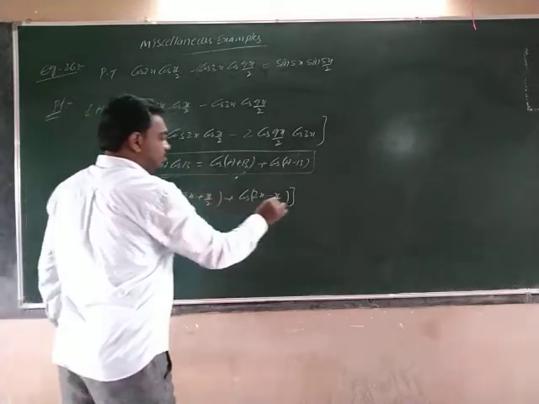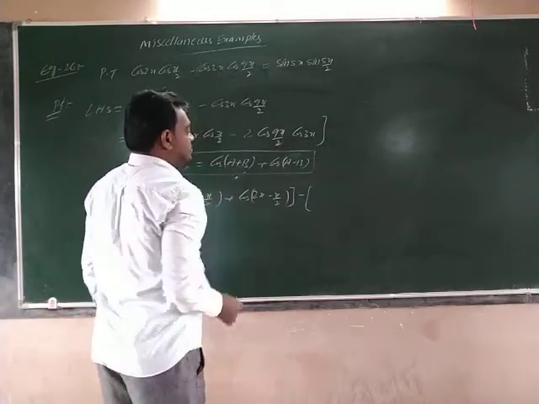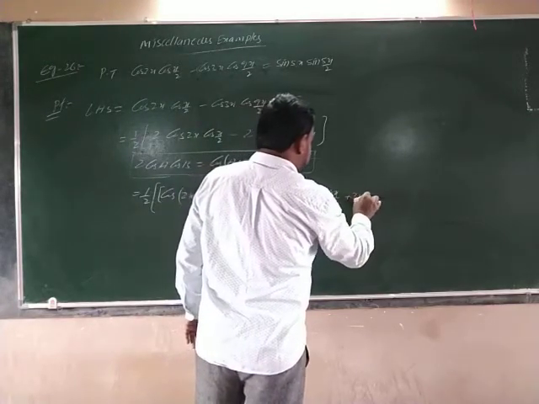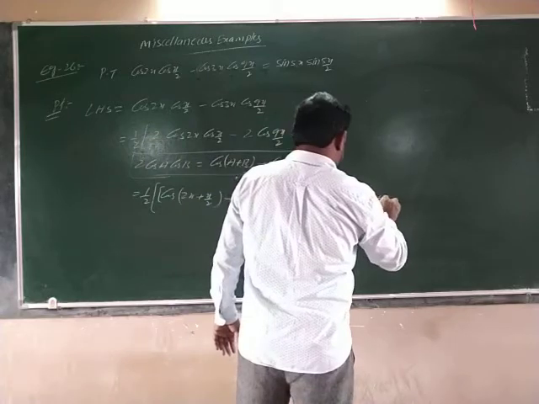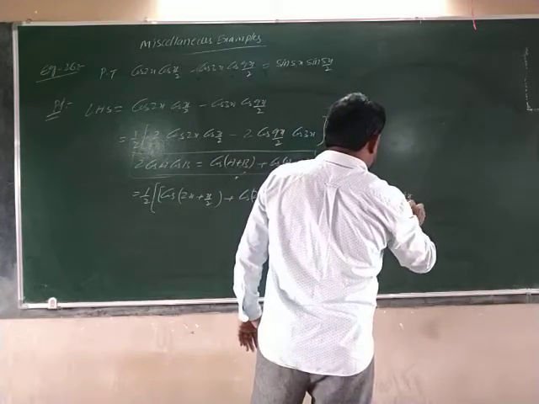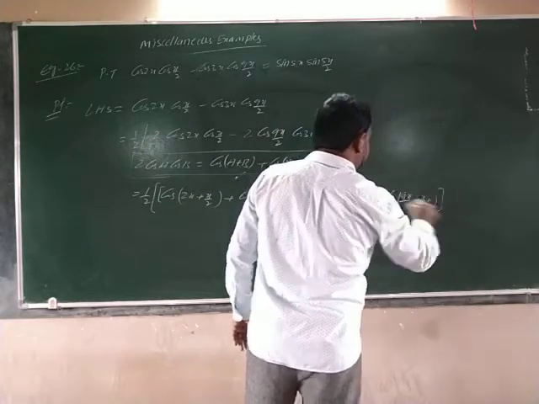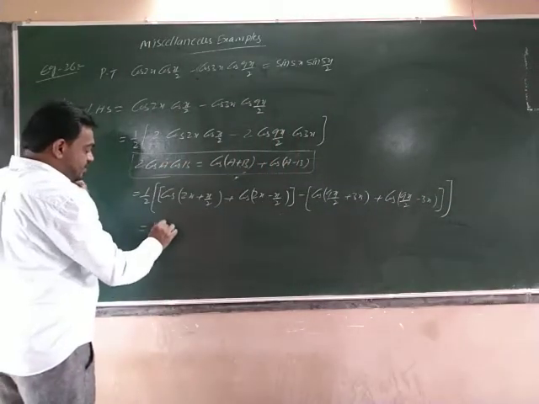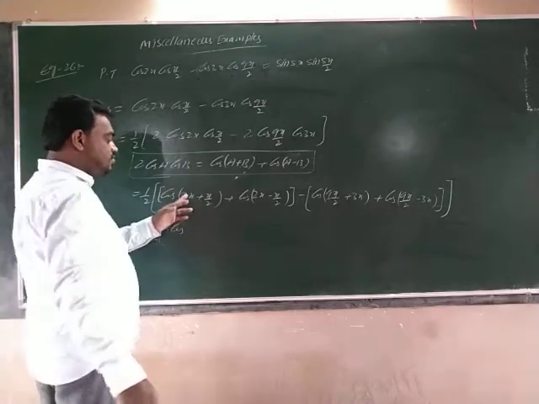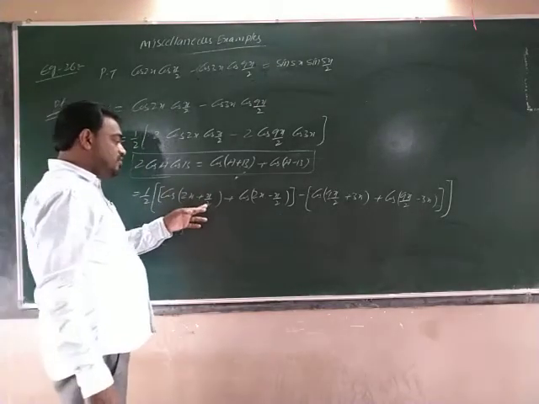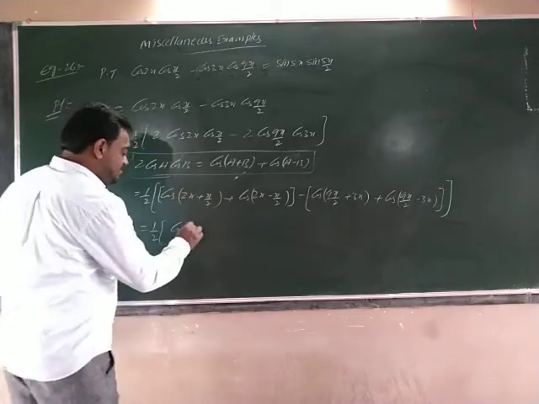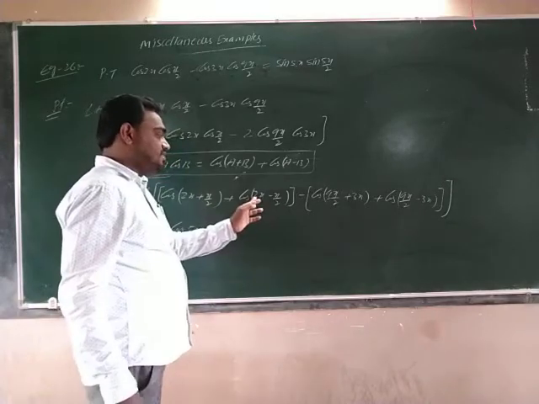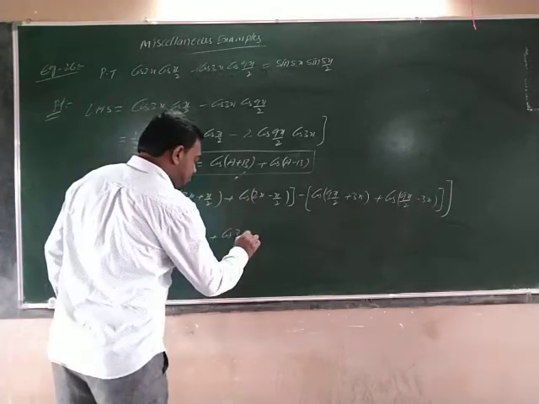Next, minus, for these two terms, cos A plus B, that is cos 9x by 2 plus 3x, next plus cos 9x by 2 minus 3x. This is equal to 1 by 2 into cos 2x plus x by 2, 2 into 2, 4x plus x, that is 5x by 2, plus cos 4x minus x, 3x by 2.